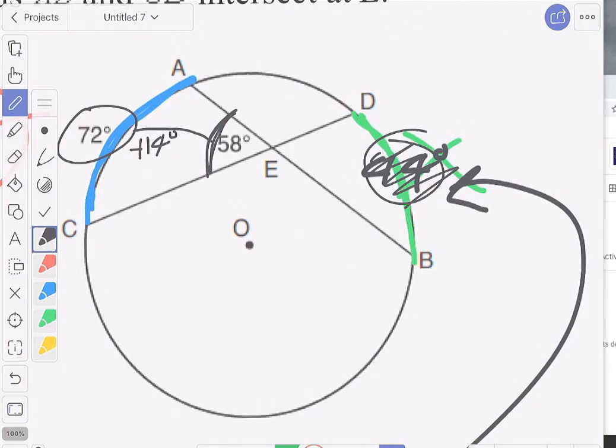So if that angle 58 is going to be exactly halfway between the blue and the green, I'm going to have to subtract 14 degrees to get the green arc as well, which would bring me to 44. So that 58 has got to be exactly halfway between the blue and the green, and that's just another way to solve this particular question.